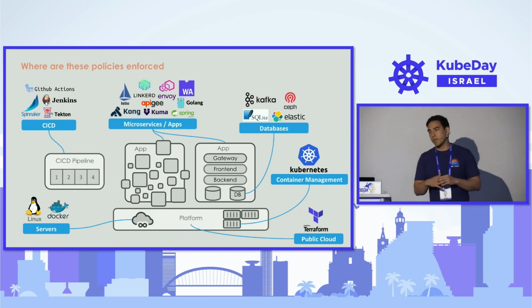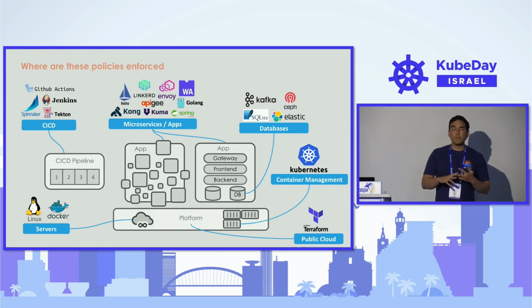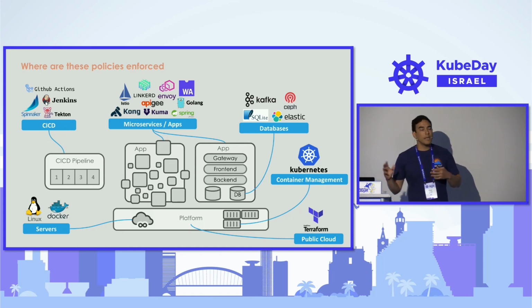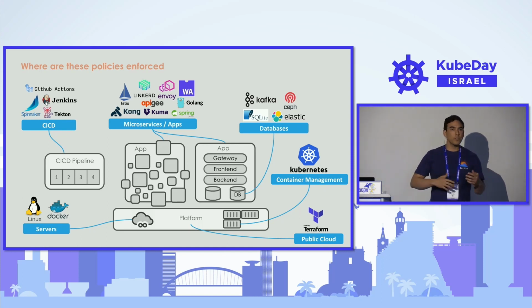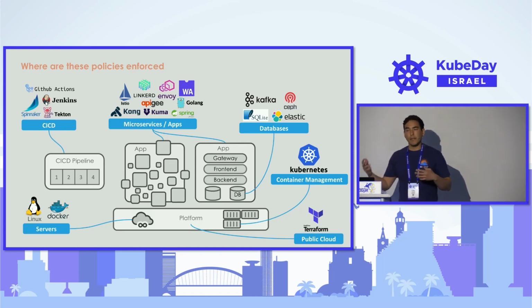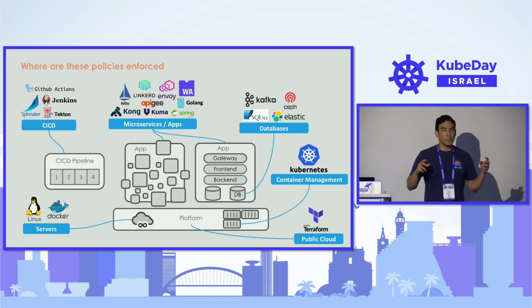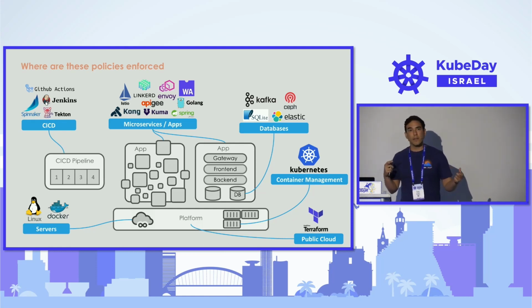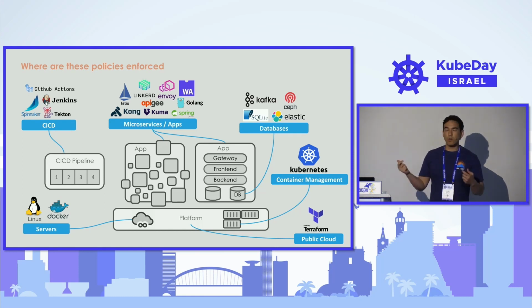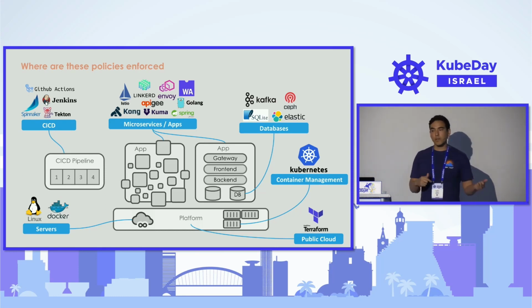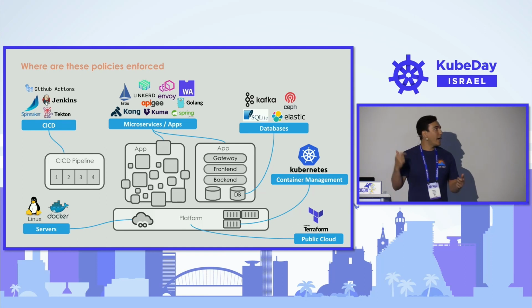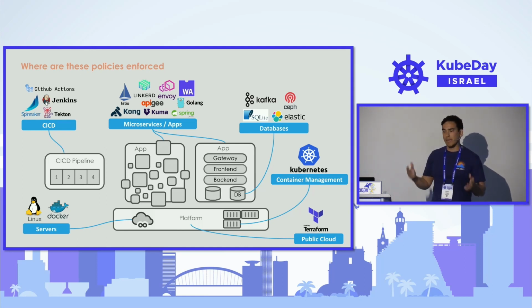The policies are going to be applied there so that you know things are created in the right way. You're going to include policies in between your services. If you're using some sort of service mesh or something that is giving you that telemetry between all of your services, you want to know that what's happening when those calls go from service A to service B is happening as you expect it to.